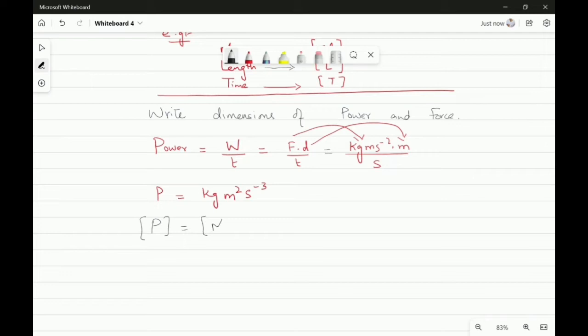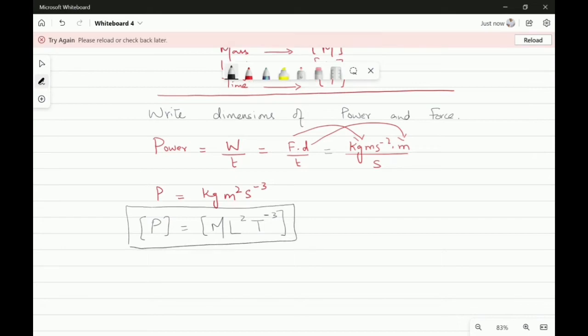Kilogram is the unit of mass, so the dimension of mass is capital M. Meter is the unit of length, so the dimension of length is capital L, but it has power square, so put square. Second is the unit of time, so the dimension of time is capital T, and its power is minus 3. This is how you represent the dimensions of power.